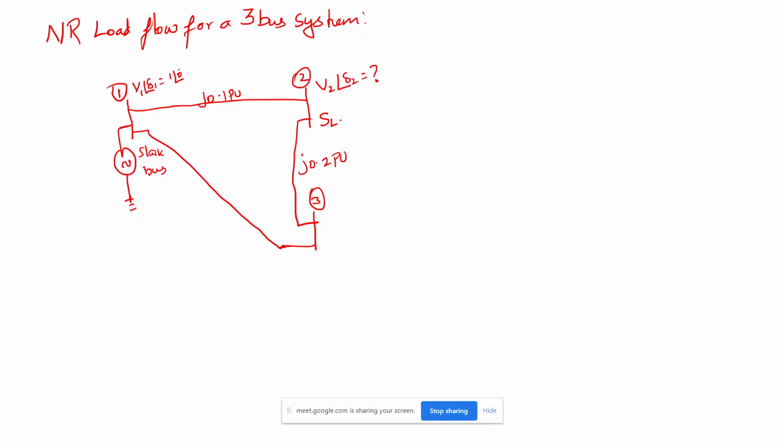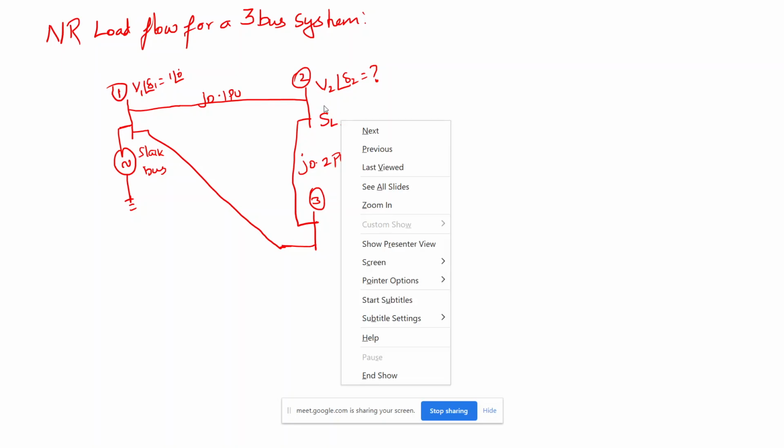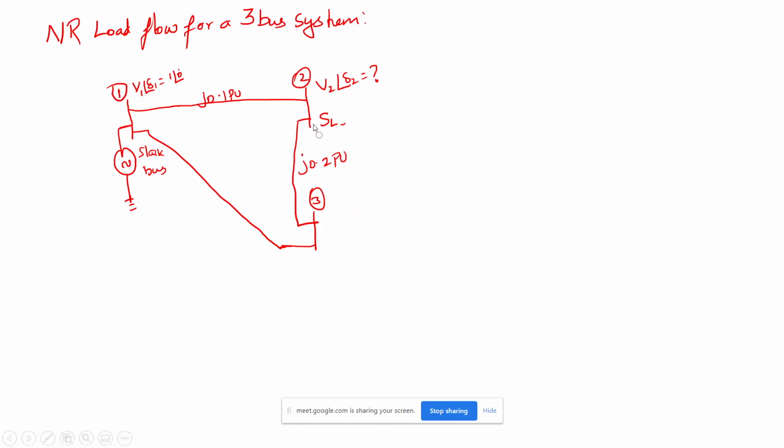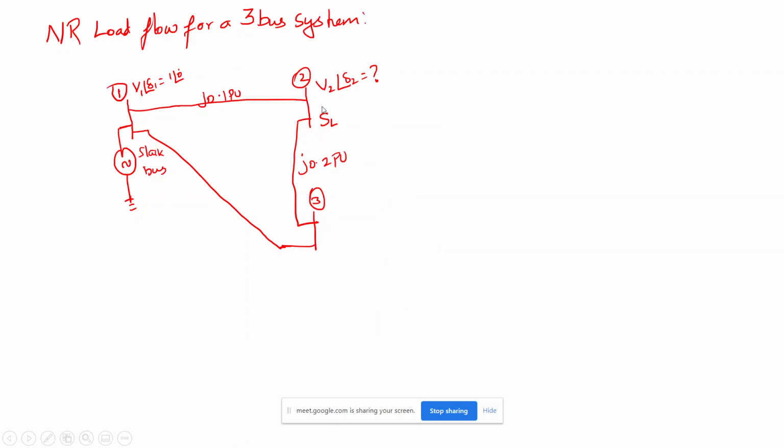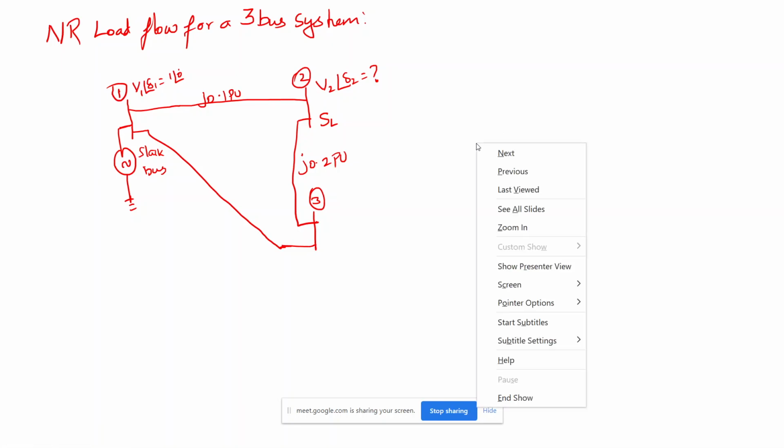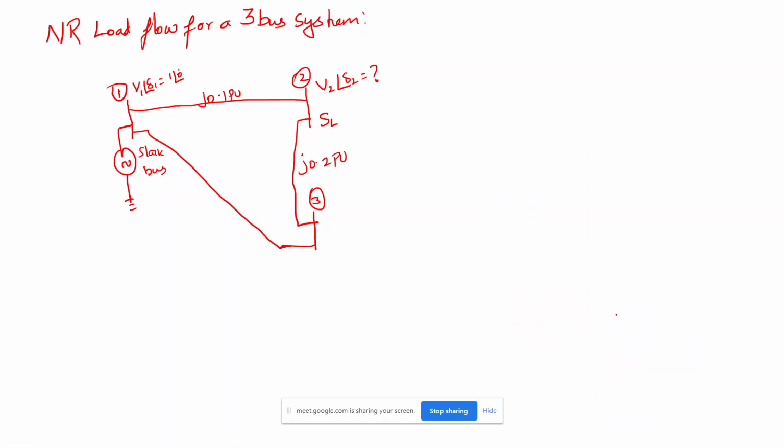and here if you see the power at this bus, consider you have a load here, then the load power, that is the complex load power SL2, will be given as 0.9 plus j0.5 per unit.